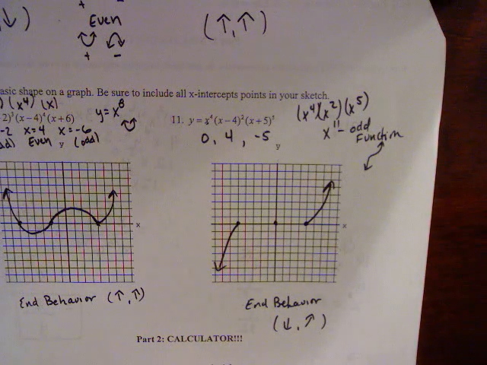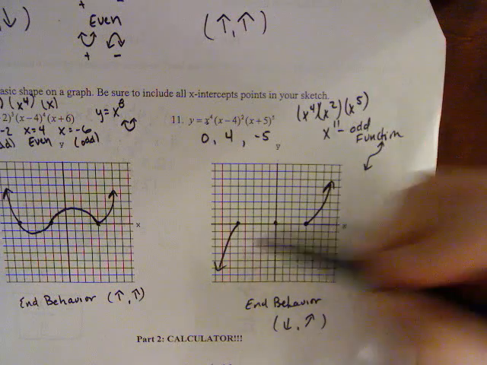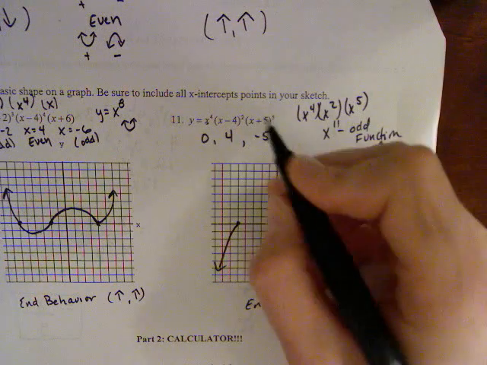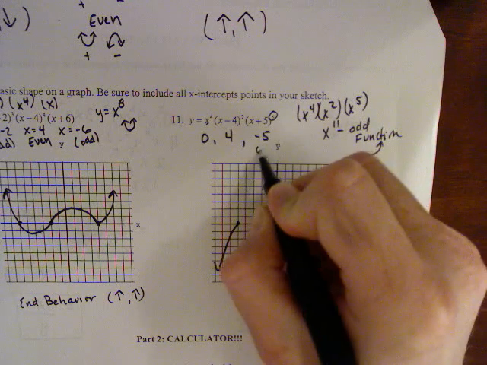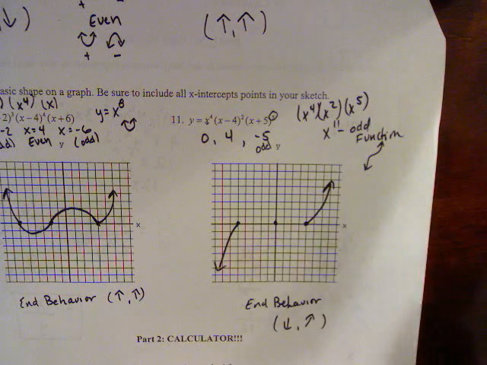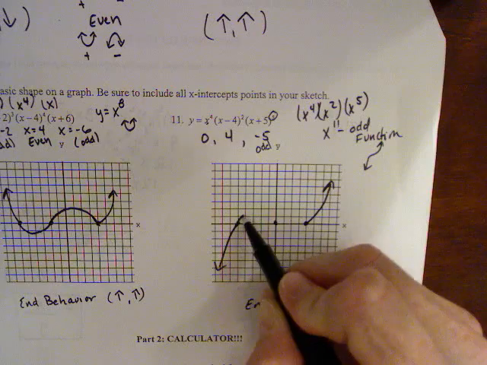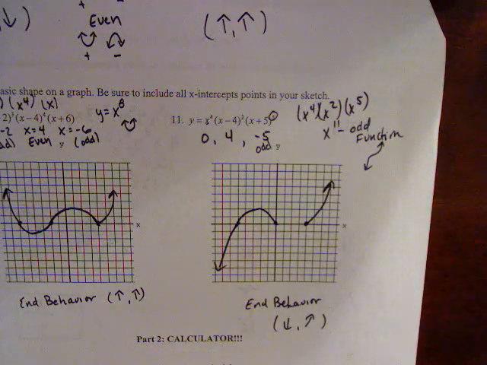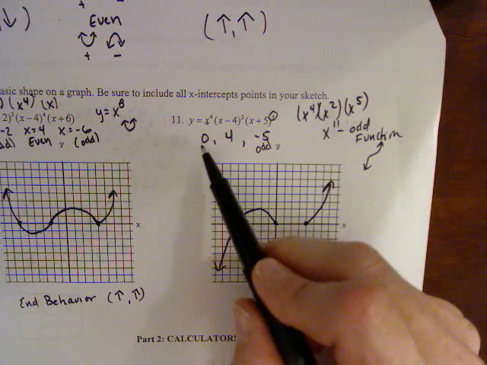Now we need to look at the multiplicity of each 0 to determine if the graph goes through or bounces off the 0. So we'll start with the farthest left 0, which is -5. -5 has an odd multiplicity. So since it's odd, it will go through and come back down to the next 0. That 0 is 0.